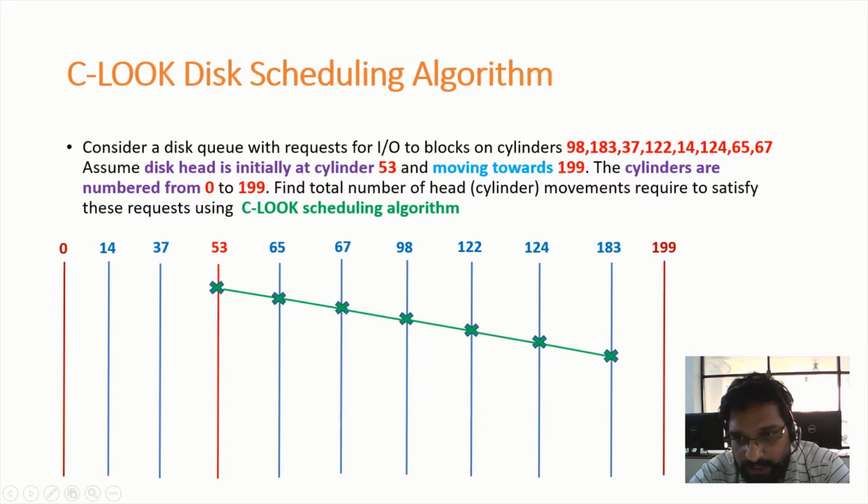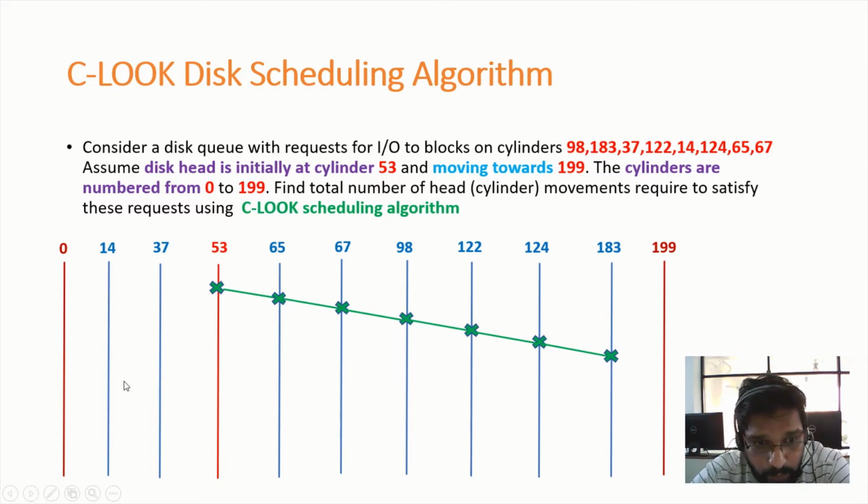Once I satisfy the request up to 183, next I need to move in the reverse direction. With respect to the LOOK algorithm, while moving in the reverse direction we satisfied the requests, but that is not true in the case of CLOOK. While moving in the reverse direction, we should not satisfy the requests.